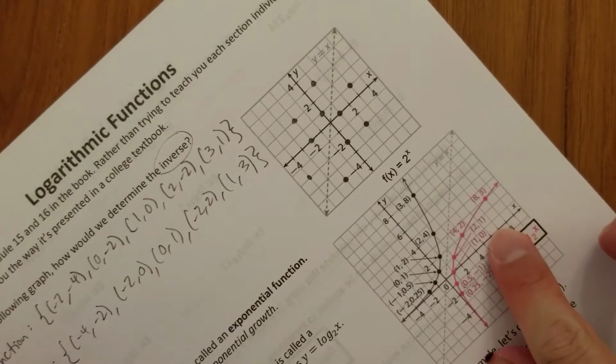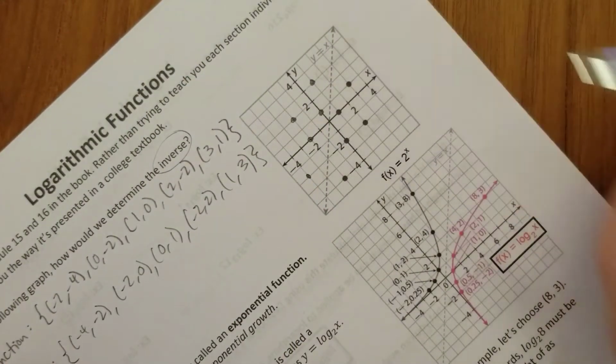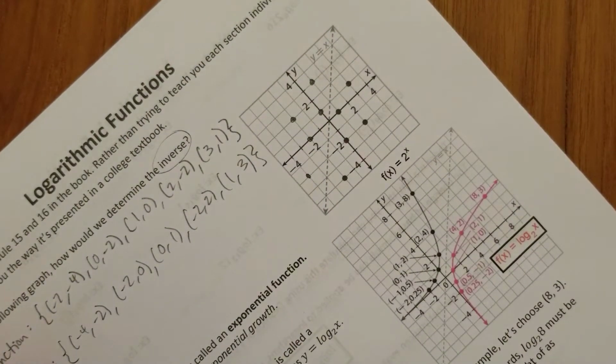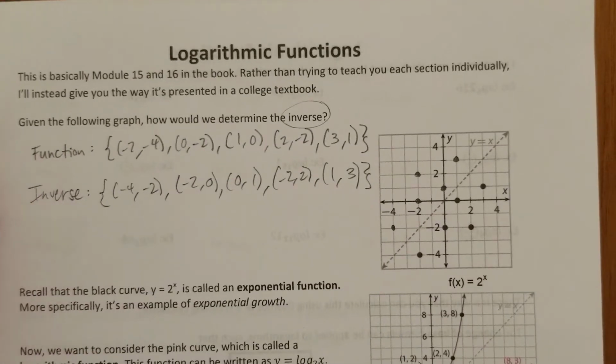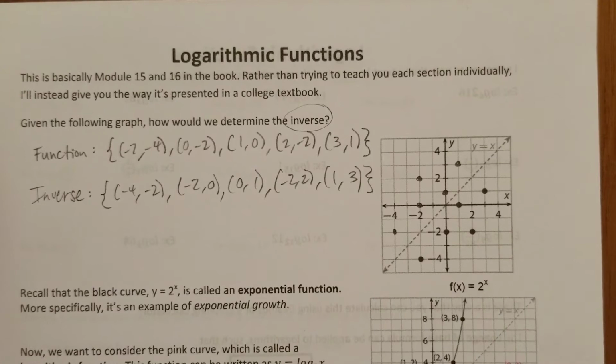If you look at this, it shows a mirror image, as if I were to reflect it along the line y equals x. That is actually what is supposed to happen, if you're wondering. The dots that you see there represent the inverse of this function.